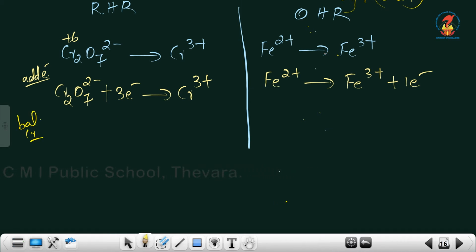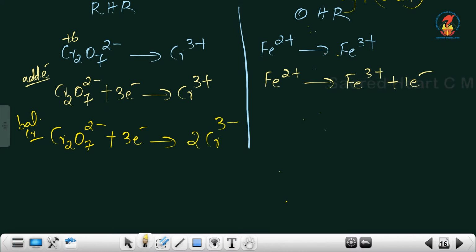How can we balance chromium here? On the left hand side we have 2 chromium, right hand side we have only 1 chromium. How to balance it? Yes, put 2 here. So the above equation becomes Cr2O7 2 minus plus 3 electrons giving 2 Cr3 plus. That is the usual way to balance an equation, isn't it?